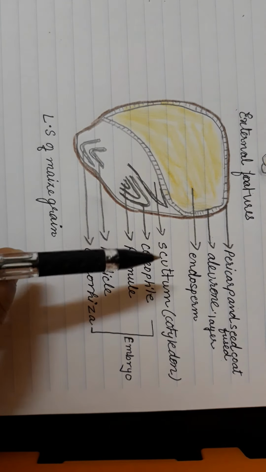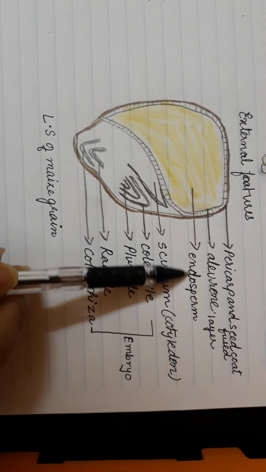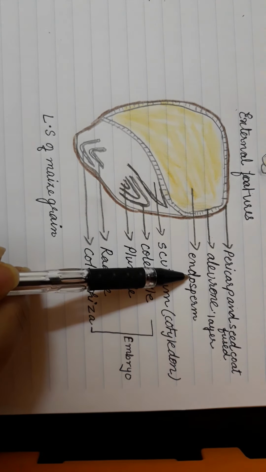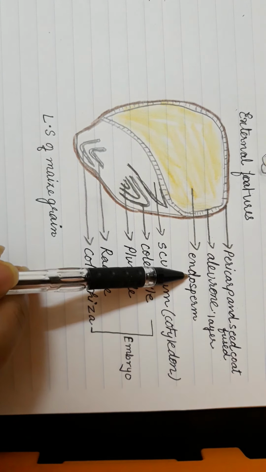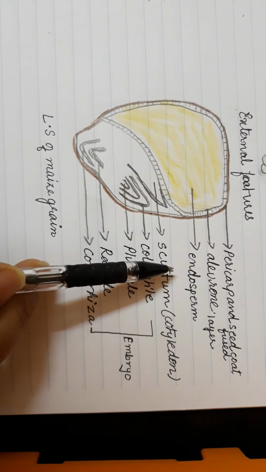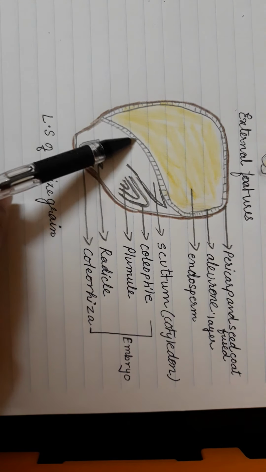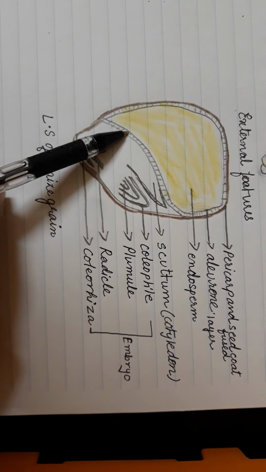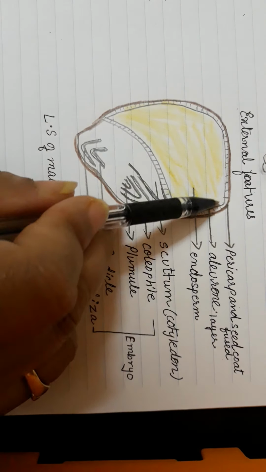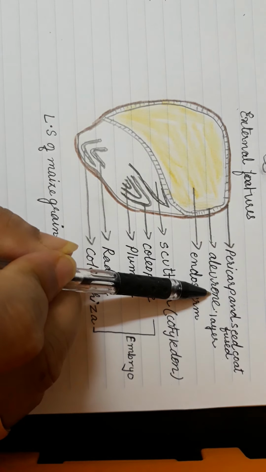The endosperm forms the bulk of the grain and stores starch as a reserve food material. This endosperm is surrounded by a single cell thick layer, which we call the aleurone layer. This layer is rich in proteins.